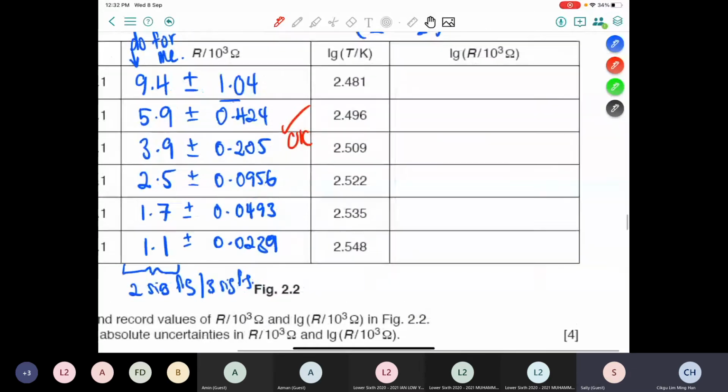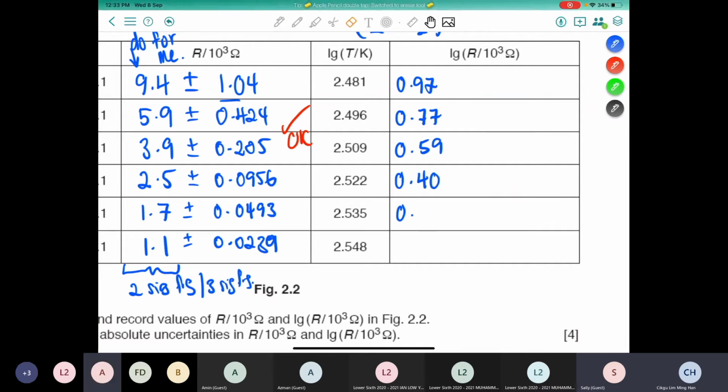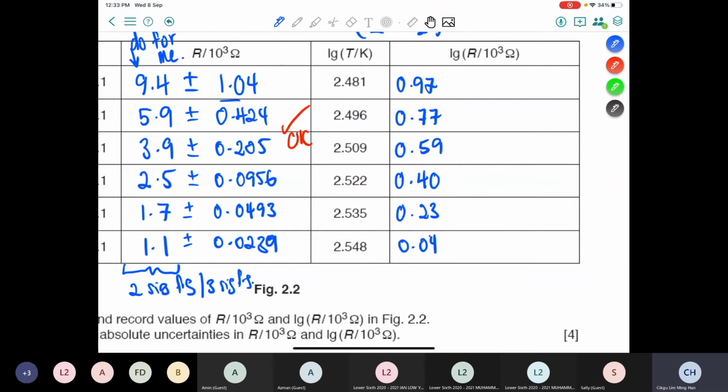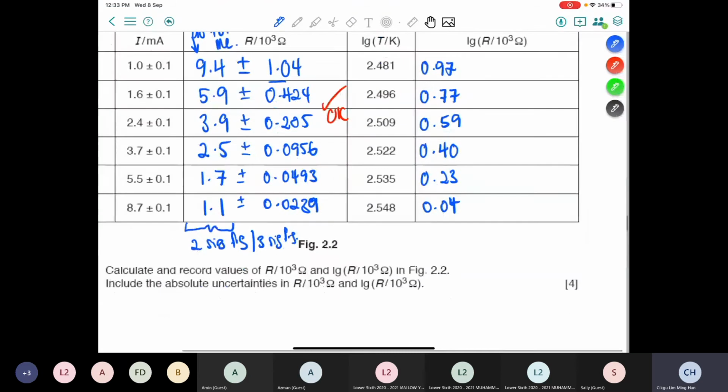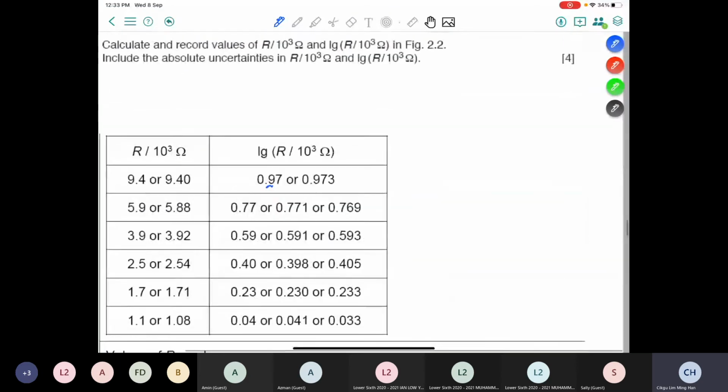Okay, can you just give me the value of the log R? 0.97, 0.77, 0.59, 0.40, 0.23, 0.04. Correct? All right, thank you. 0.04.